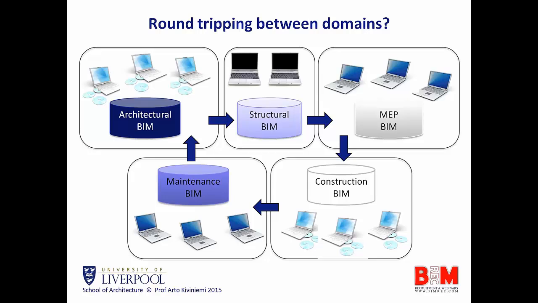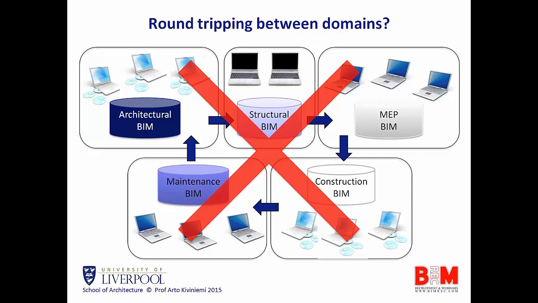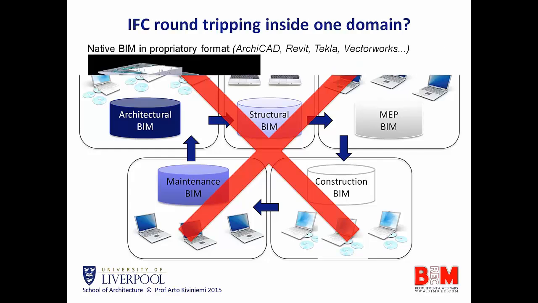But this is not possible. I said that there are no placeholders for all the information. If you put the architectural model in structural modeling software, you lose the spaces and many other things as well. And so round tripping is impossible. But many people think that that was the purpose of the IFCs, and if they think that it should be supporting this, of course they are disappointed because it can't do it.